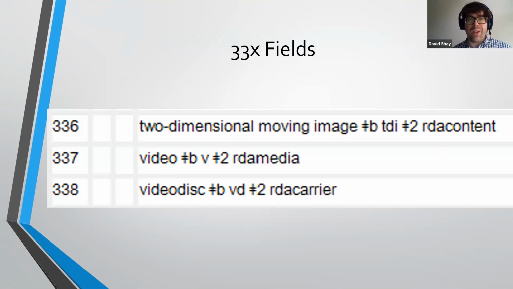A lot of the 3xx fields don't need to be, so you don't need periods at the end of them. Most of your 2xx fields are going to use periods or some kind of end punctuation like square brackets. The closing square bracket counts as end punctuation. But 3xx fields should by and large not require them.